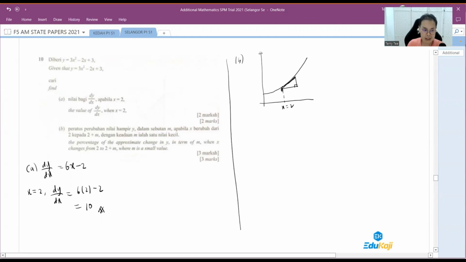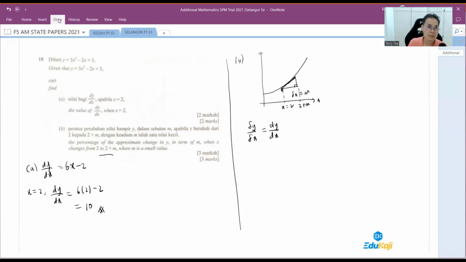So when your x increases from 2 to 2 plus m, you have what we call a delta x. Delta x is m, the small change in x. 2 to 2 plus m, the difference is m. When your delta x is small, we always make one assumption. The assumption is that delta y over delta x is approximately the same as the gradient of the tangent at that point.